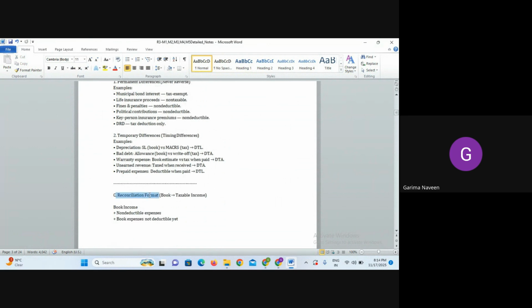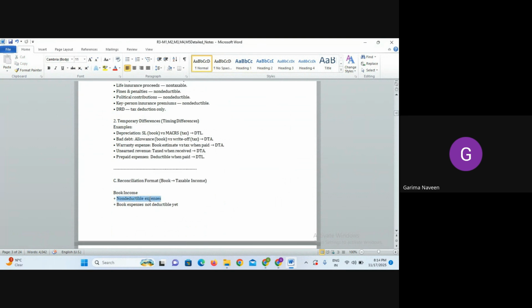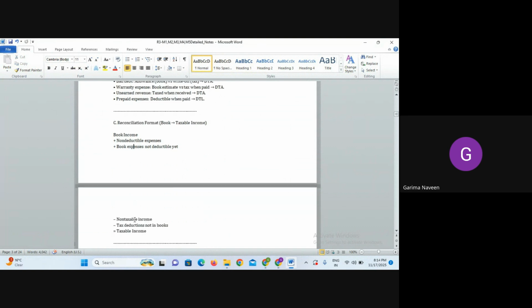So how does the reconciliation happen? You first have to report your book income, then reconcile this book income to the taxable income. First you add your non-deductible expenses, then add the book expenses not deductible yet, meaning the expenses which are not deductible yet.